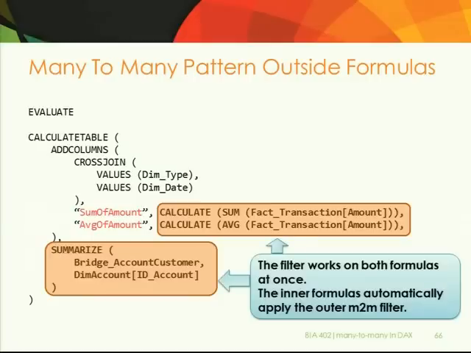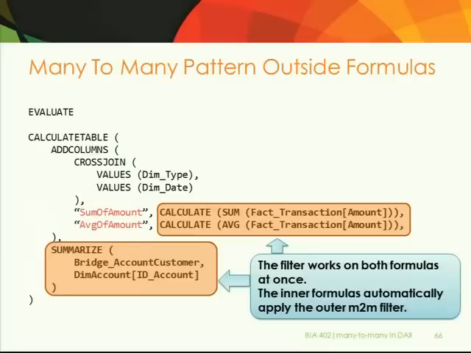So at the end, the filter works on both formulas at once. And I don't have the need to put the many-to-many pattern inside the inner formulas, because they inherit this from the outer calculate table.